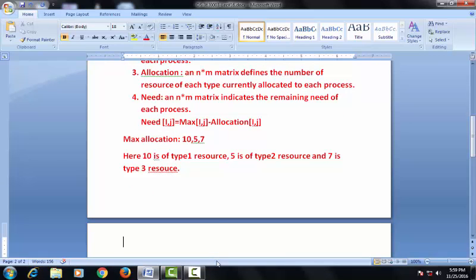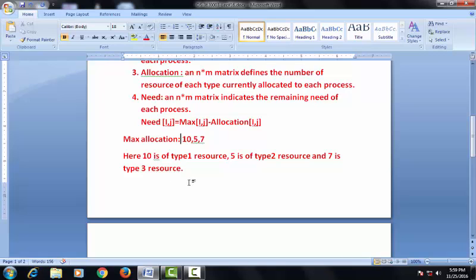So of type 1 resource we have 10 instances, of type 2 resource we have 5 instances, and we have 7 instances of type 3 resource.